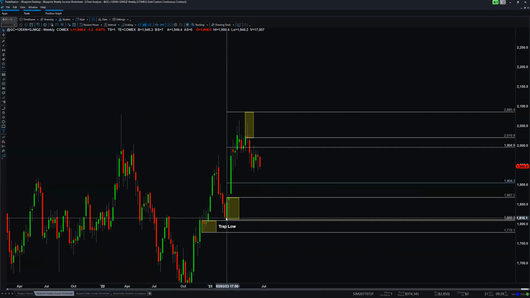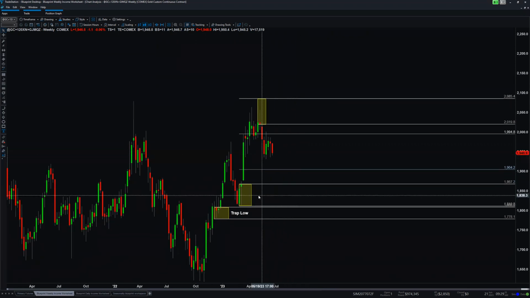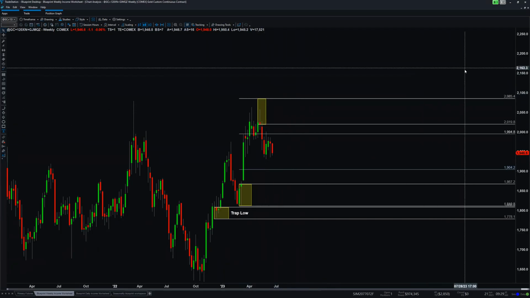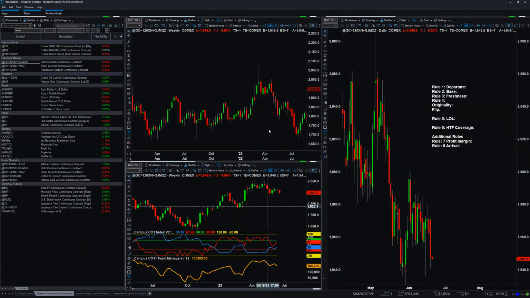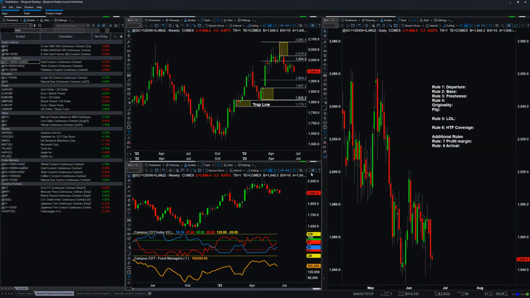Oftentimes we will see support and resistance areas being broken just so that we can then see price going in that direction that we had planned price to go to. So obvious support and resistance areas are always something that we need to be really cautious about and protect ourselves with trap areas. In this case, on the upper end, I don't have a trap because it's an all-time high. We talked about this. So let's just move on now into our trend chart, and then also looking at our beautiful commercials and our retailers.